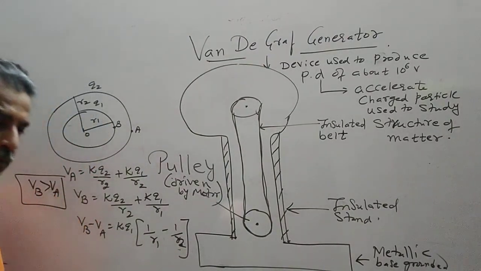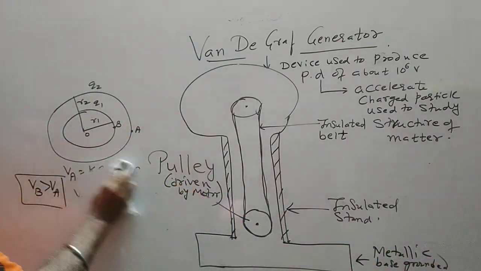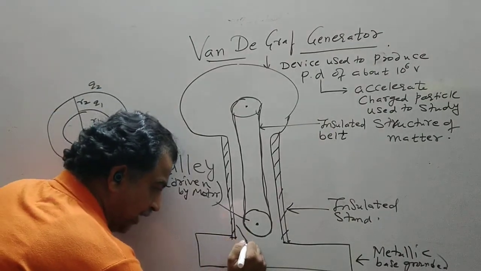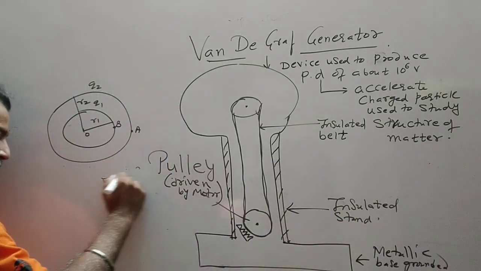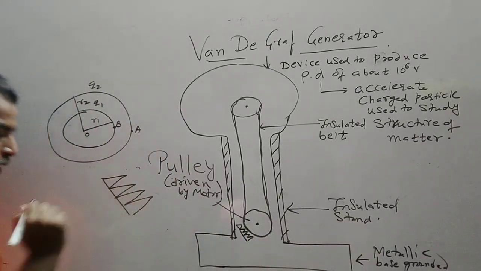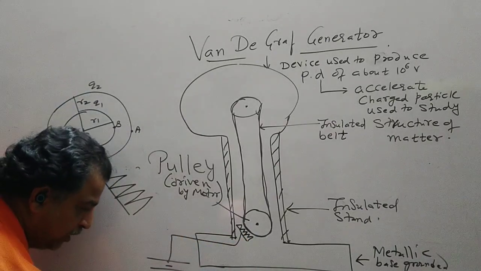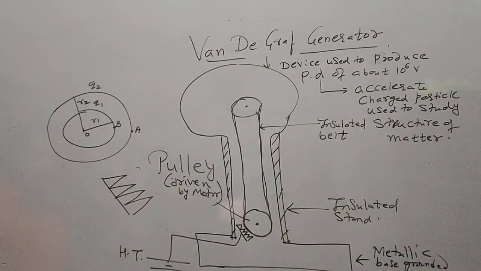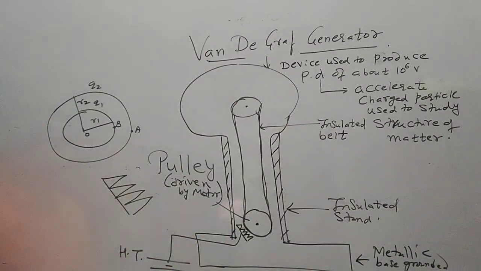Now, a high tension voltage, you remember that the potential of the inner sphere is more. We have here a metallic comb. This is a metallic comb which is connected with a high tension supply.